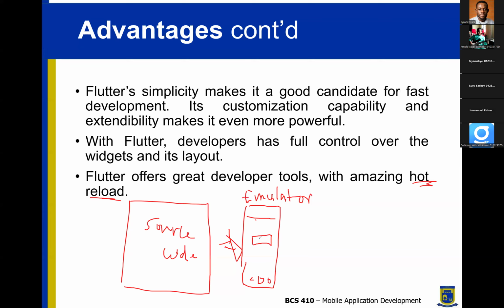I don't need to run the code all over again. Immediately I perform that change in the source code, the hot reload will change the image to a square. Okay, I don't need to run the entire code all over again.